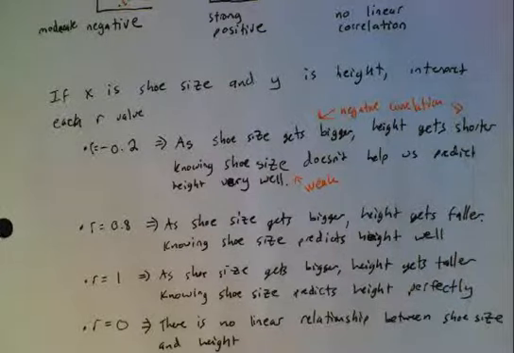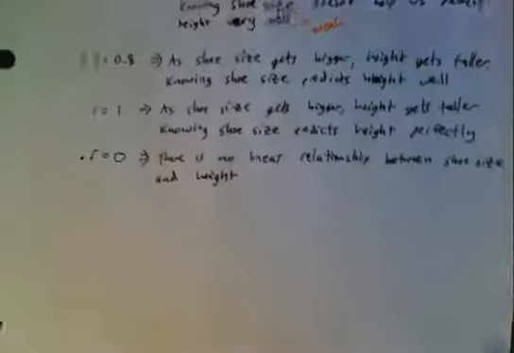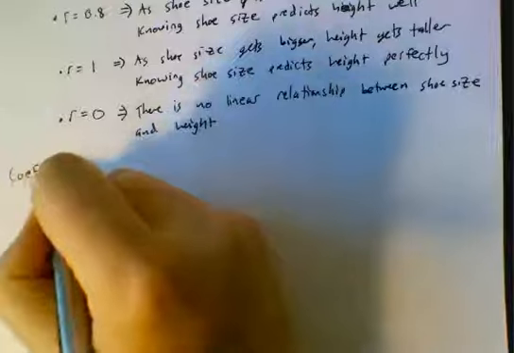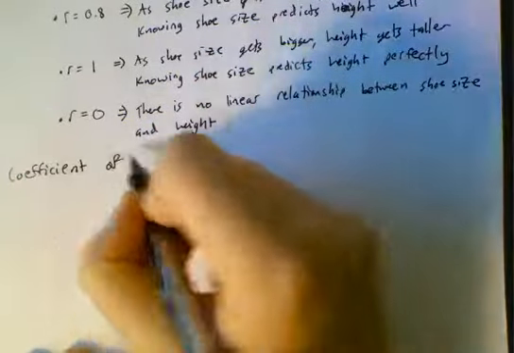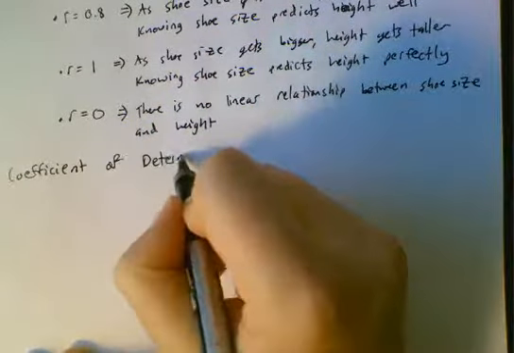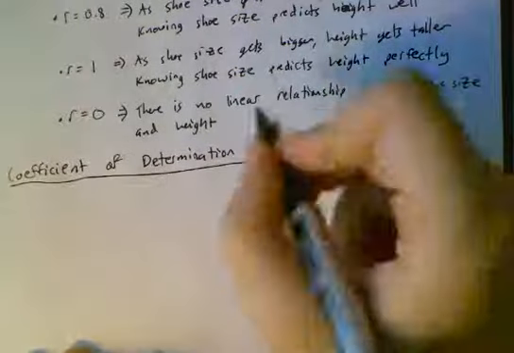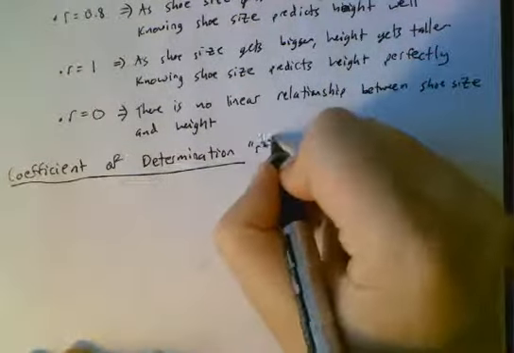And we can actually quantify that a little bit further using what's called the coefficient of determination. And that is R squared.